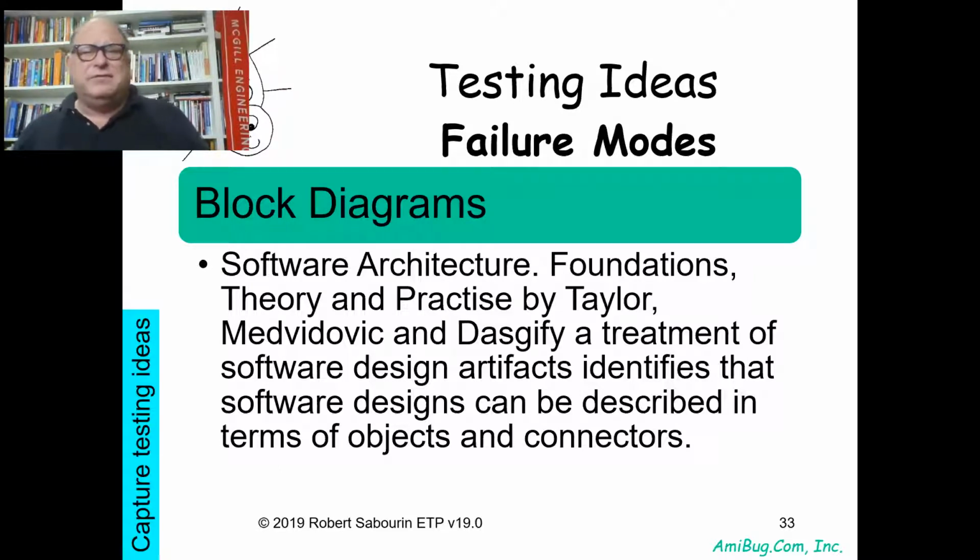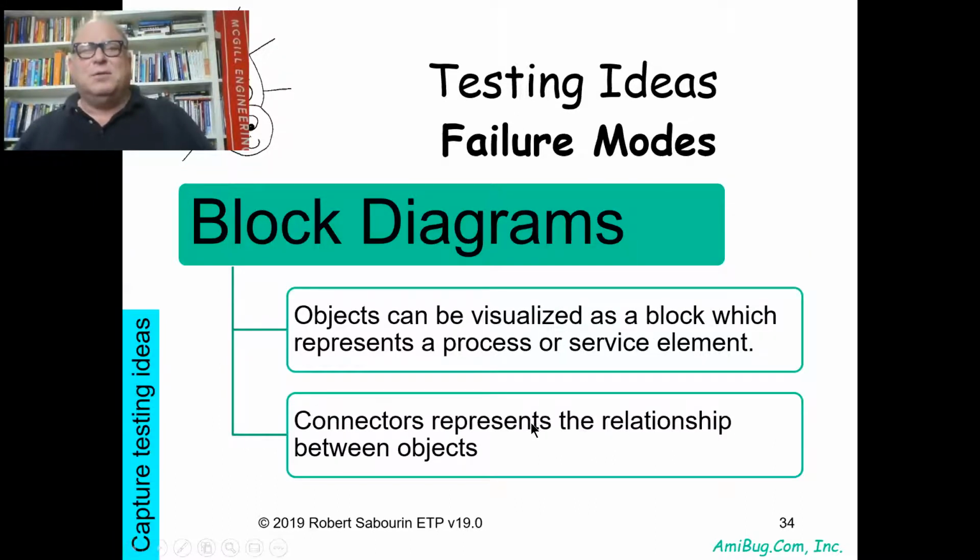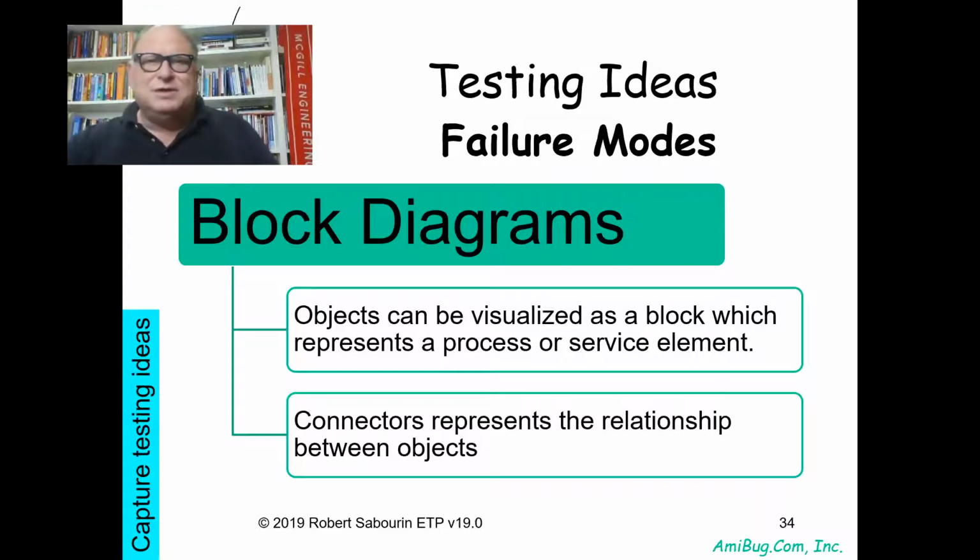I'm a big fan of using block diagrams. A block diagram describes computer software systems with basically two elements: blocks, which represent usually objects or processes or process elements, procedures, stored procedures, stuff like that. Those are blocks. And connectors are the lines between them that show the relationship between the blocks. So blocks are basically objects which are visualized, process or service element, and connectors are the relationship between them. So there's different types of blocks and different types of relationships.